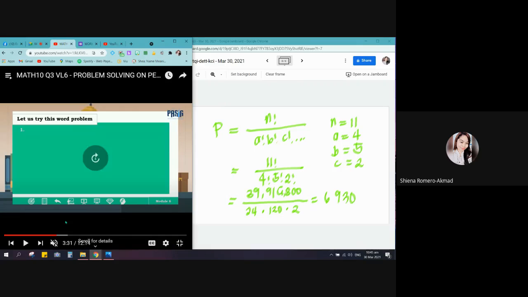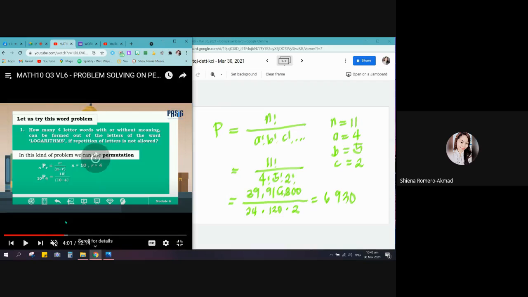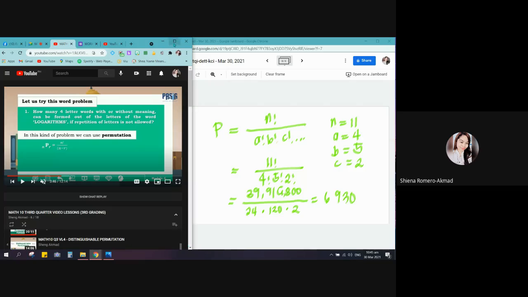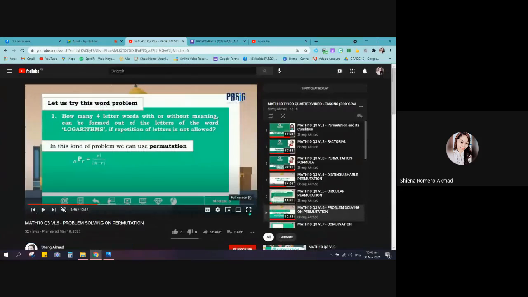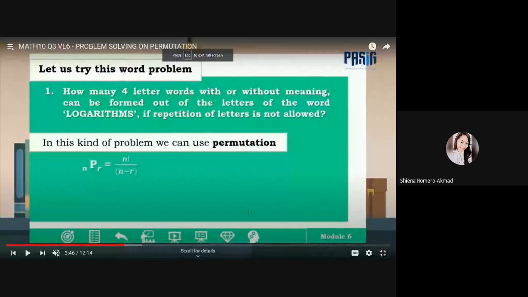Now let's have more examples. How many four-letter words can we form from the word logarithms, and repetition of the letters is not allowed?